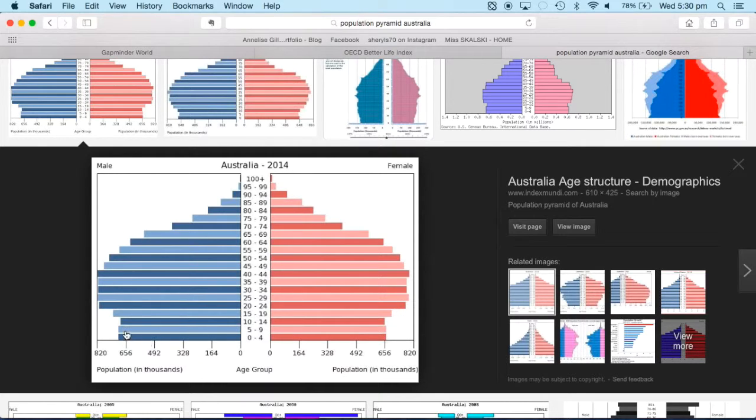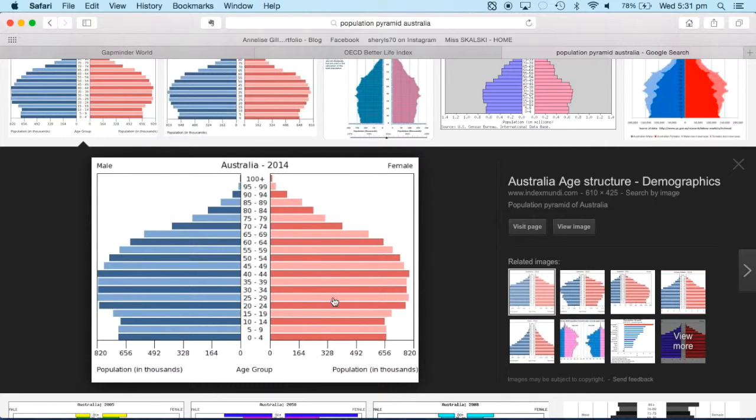So there are actually more boys born in 2014 between the ages of 0 and 4 than there were girls. So if we look up in the 20 to 24 year olds, we have girls just falling short, so maybe around 800, but if we look at boys, they're almost hitting the 820.